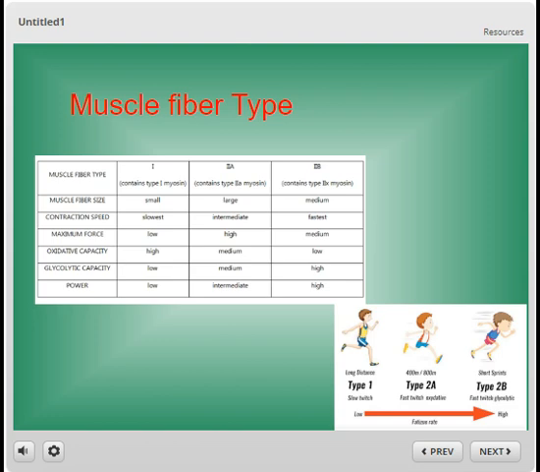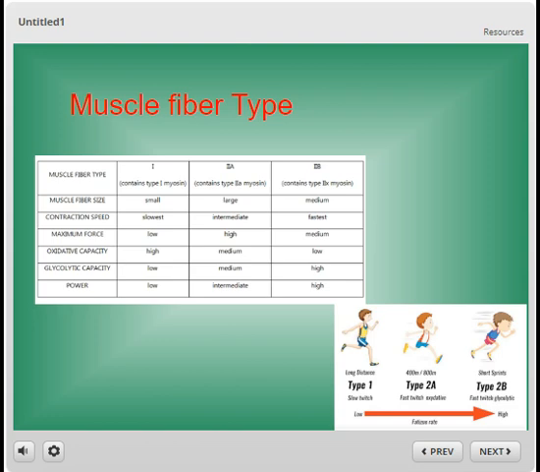Type 2A fibers, or fast oxidative fibers. These fibers have intermediate endurance and fatigue resistance, contain a moderate amount of mitochondria and myoglobin, and have a faster contraction speed than type 1 fibers. This fiber is suitable for activities that require both strength and endurance, e.g. middle distance running and swimming.